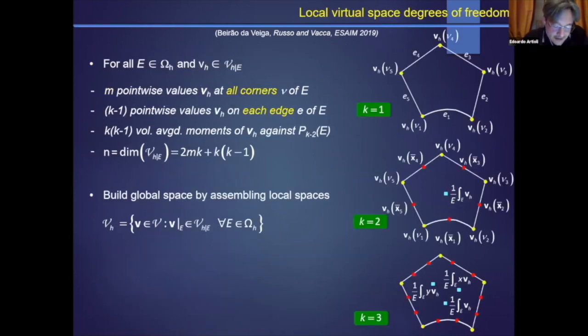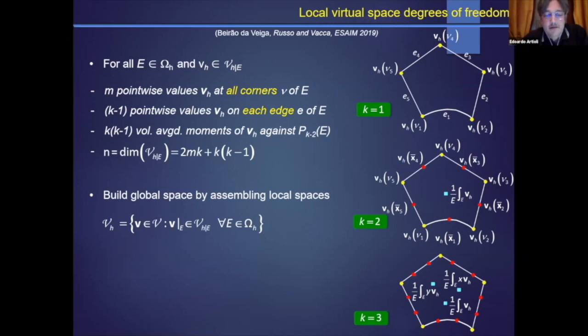For such a local virtual element space, we have the usual local degrees of freedom, namely the point-wise evaluation of the displacement at the polygon vertices and the edge degrees of freedom for k greater than 1.